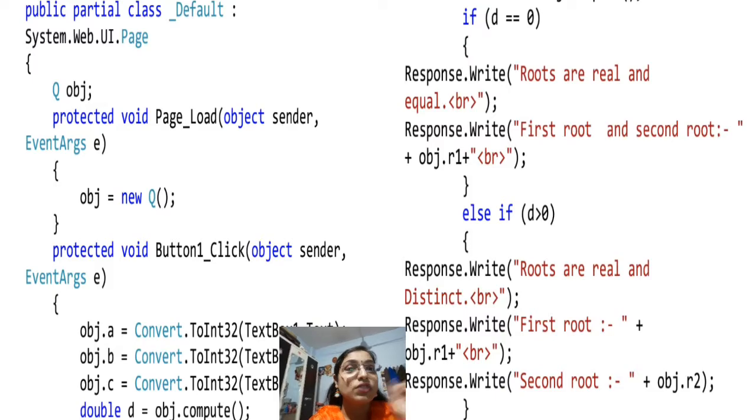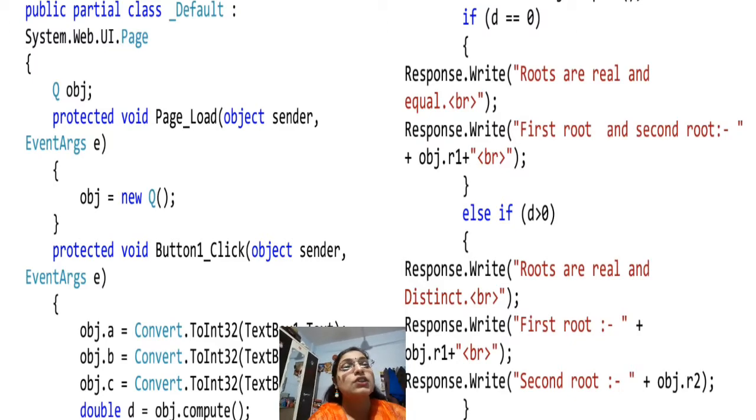So I have used one variable D in which we are storing the value which is written by the compute function. For the same, I have written statement as double D equal to obj dot compute. Every time, as I told you, we have written the value of D1. So now that D1 value is stored in D variable in our current class, right?